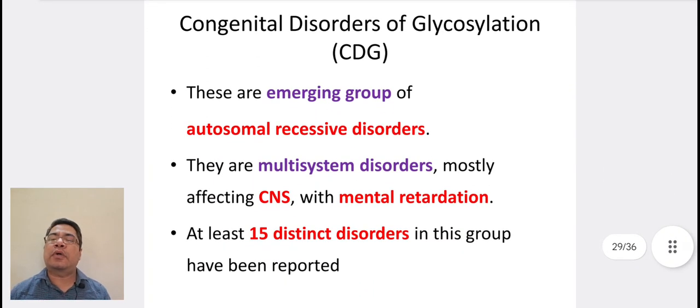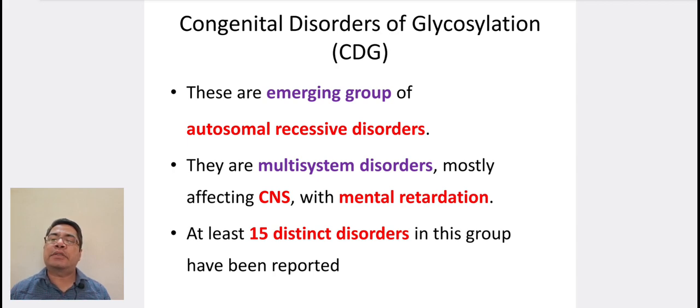Coming to the disorders, congenital disorders of glycosylation. These are an emerging group of autosomal recessive disorders. These are multisystem disorders mostly affecting the CNS with mental retardation.